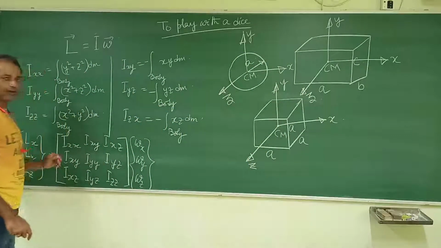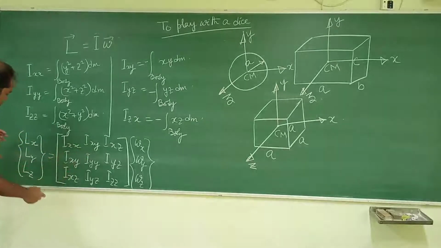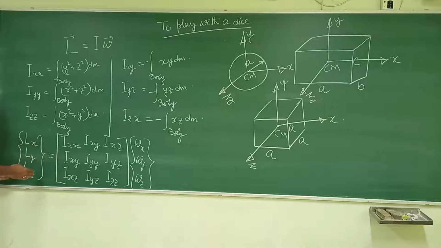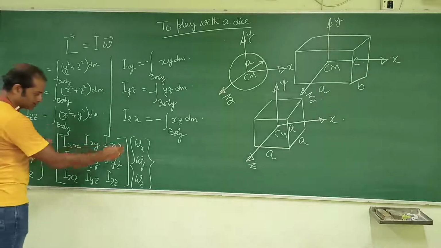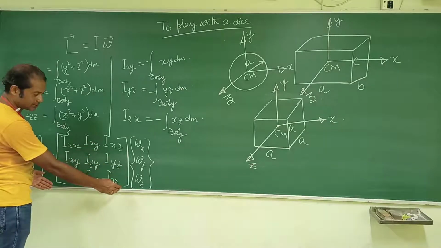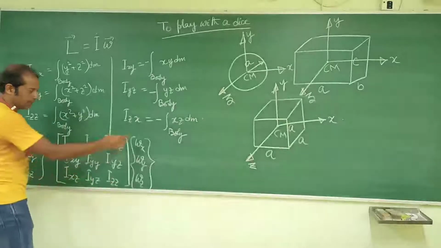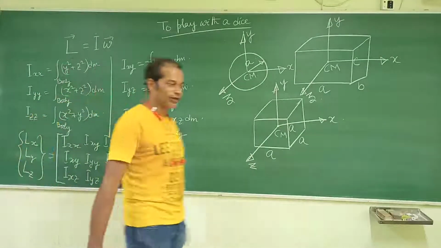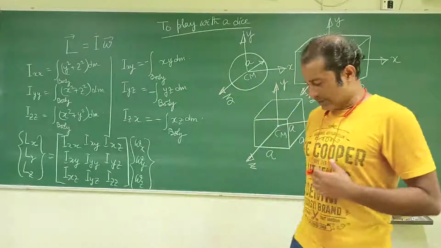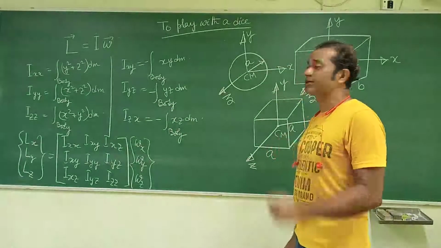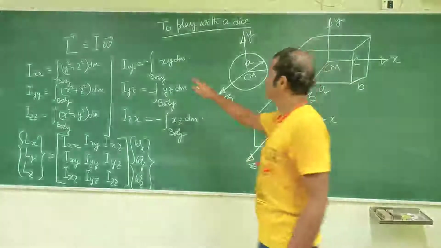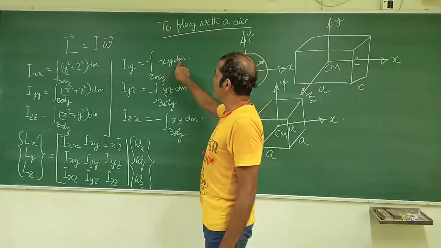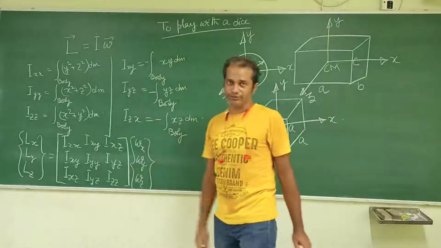If I write it in component form, this is my angular momentum vector, this is my inertia matrix or inertia tensor, and this is my angular velocity vector. Now, this product of inertia is all about xy times dm integrated over the body.